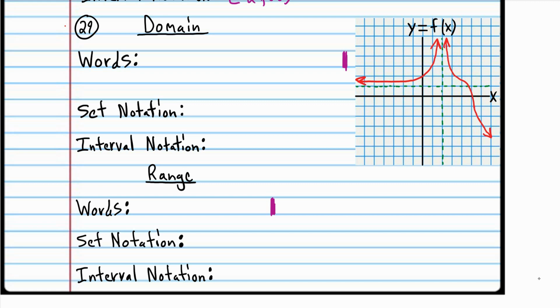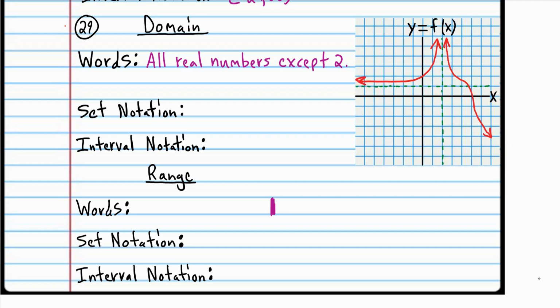So that means that the domain is all real numbers except 2. X cannot be equal to 2 because there are no points. The graph doesn't go through that vertical invisible line. So there's no points with an x value of 2. But as you can see, the graph goes off to the right and it goes off to the left and it never stops.